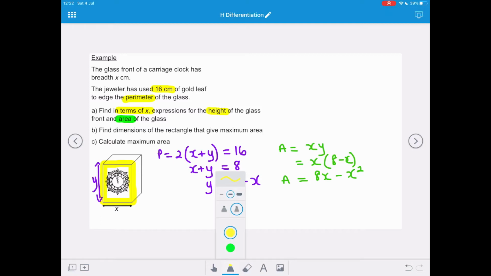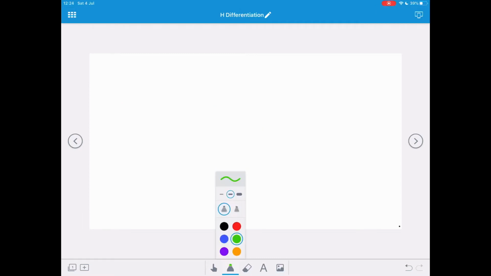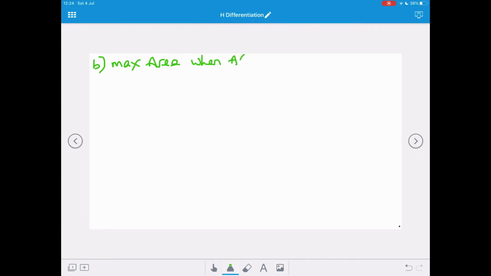Now part B asks us to find the dimensions of the rectangle that give the maximum area, and so we're going to need to differentiate our formula for the area in order to work out what the stationary point would be. So we know that the maximum area is when A dash x, or the derivative of the area, equals 0.